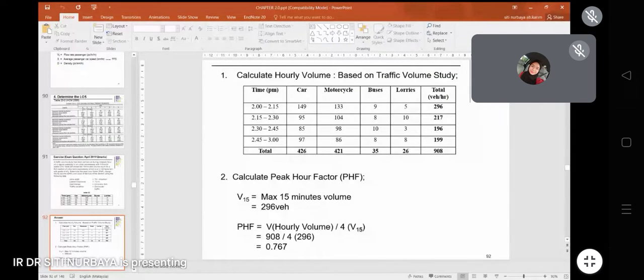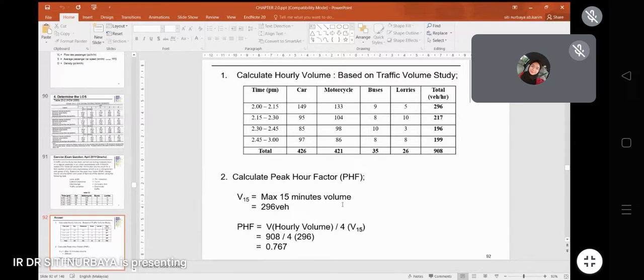So you have to tabulate the data. Tabulate the data and then calculate the total of the vehicle classifications. So you can calculate the peak hour factor (PHF) from the maximum 15 minutes volume.